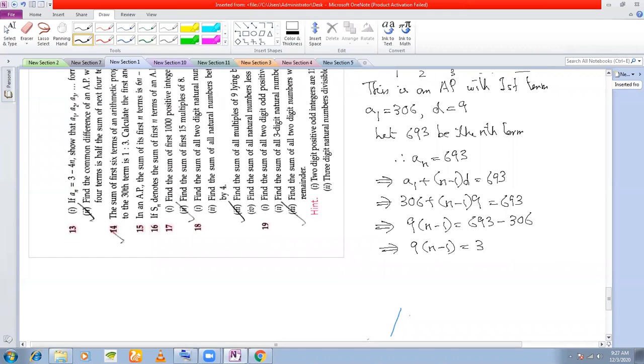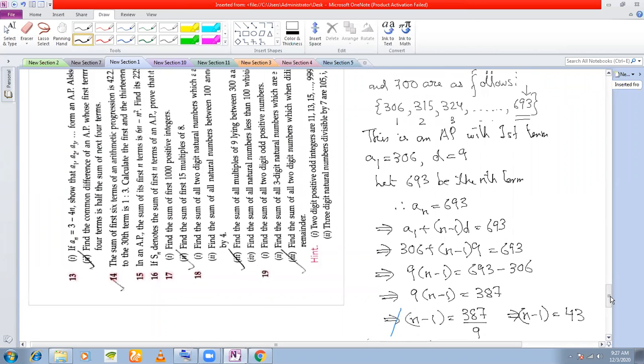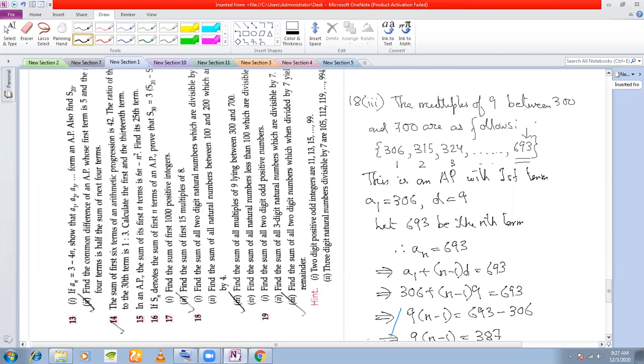That means n minus 1 is 387 by 9. How much is 387 by 9? 43. So that means n is equal to 43 plus 1, which is 44. So therefore, you can say that this is the 44th term.